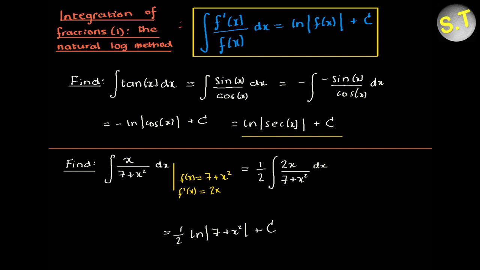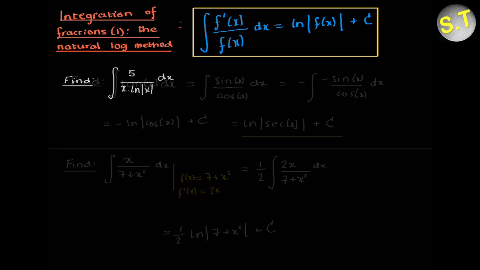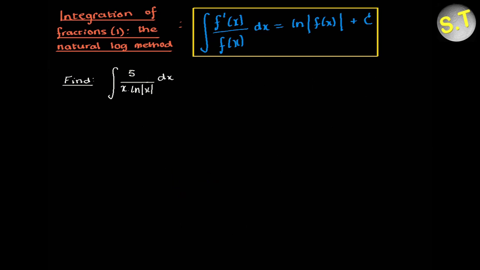So let's look at a more complicated example now. So in this example, we're asked to find the integral, or the antiderivative, of 5 divided by x times the natural log of the absolute value of x with respect to x. In this example, it's quite difficult to see that in the denominator we have the derivative in the numerator.